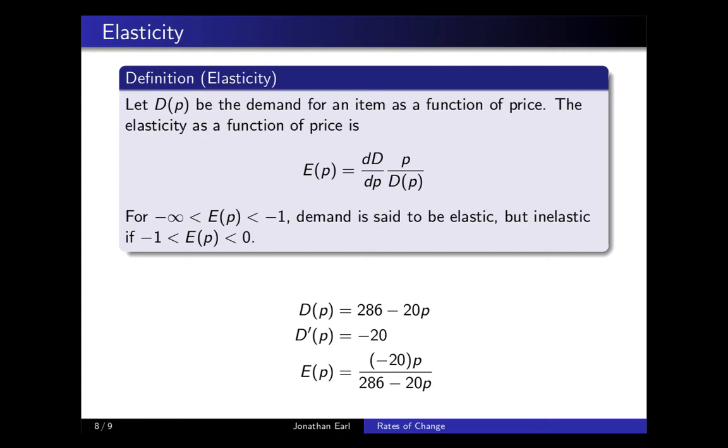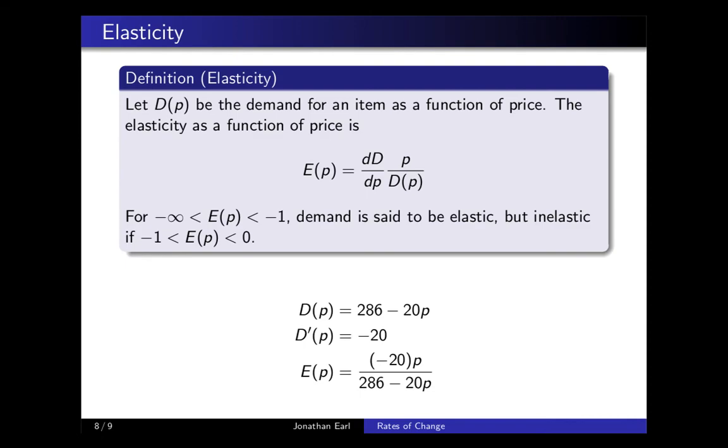For the demand function given, we could easily find that our derivative is minus 20, and then using the expression that we have for the elasticity, we'll find that the elasticity function is given by minus 20p, all divided by 286 minus 20p.